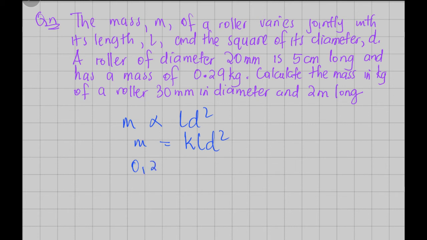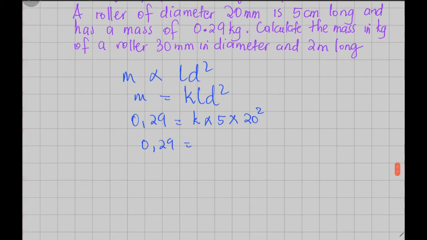So 0.29 is equal to K times our length 5 and our diameter 20 squared. We go to our calculator, 20 times 20 times 5, we get 2000 K.